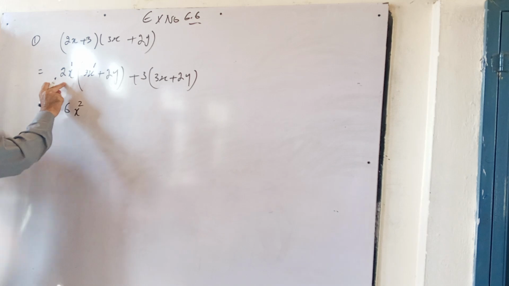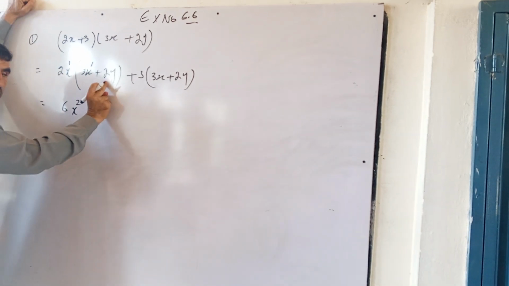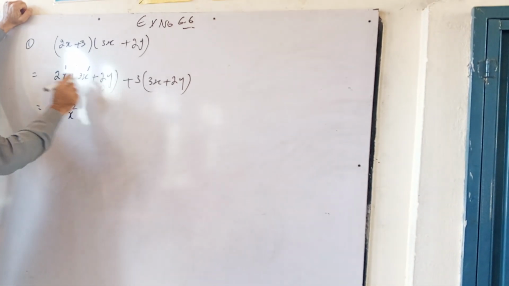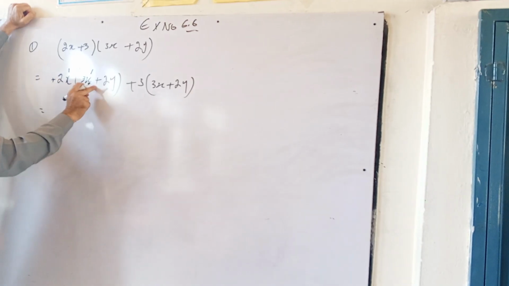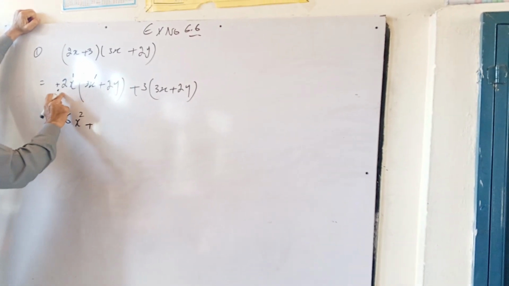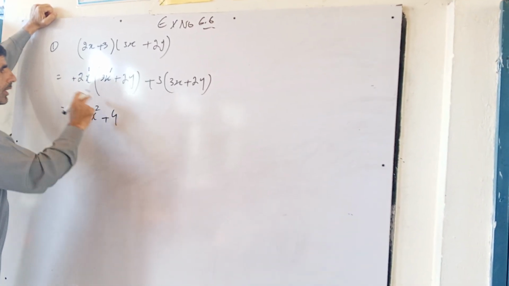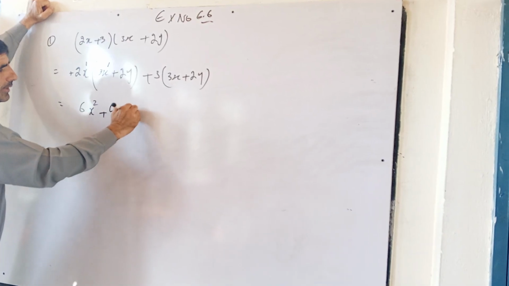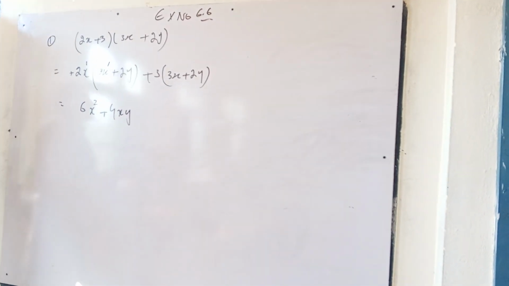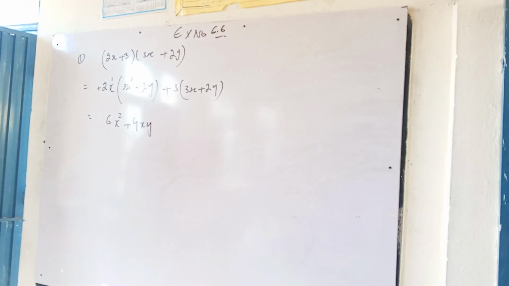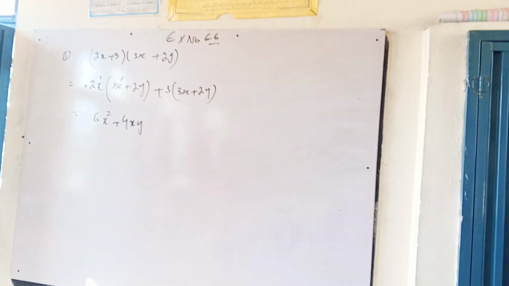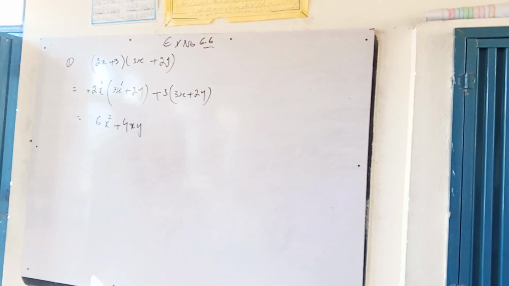Now this 2x will be multiplied with the second term also. Here it is plus, so plus multiplied by plus is equal to plus, and 2 fours are 8. This is x and this is y. We can write in multiplication form x and y because the variables are different.